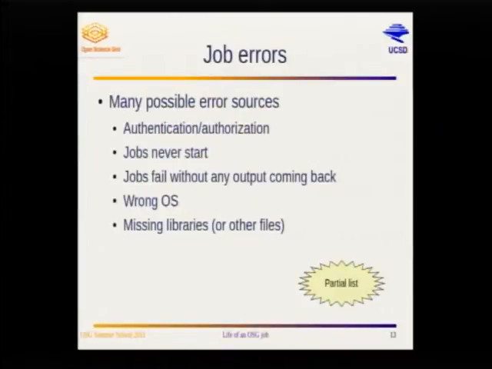So the five most common errors that you see are the authentication and authorization problems, jobs that never start, jobs that fail without any output coming back, wrong OS when you land on the worker node, and the missing libraries. But this is just a partial list.